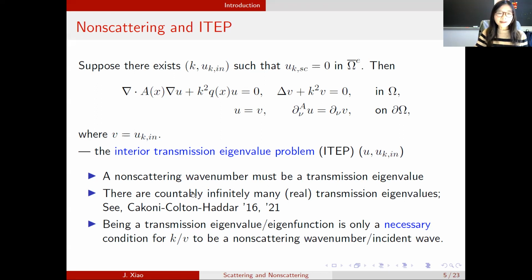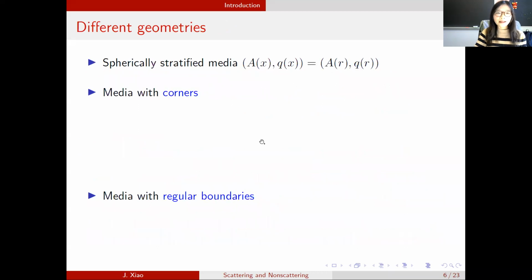Regarding the extendability, so to speak, of this eigenfunction v, it depends on the different geometries of the scattering media. Currently there are three different kinds of results.